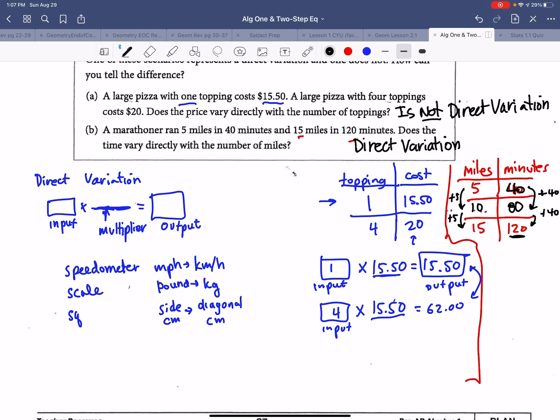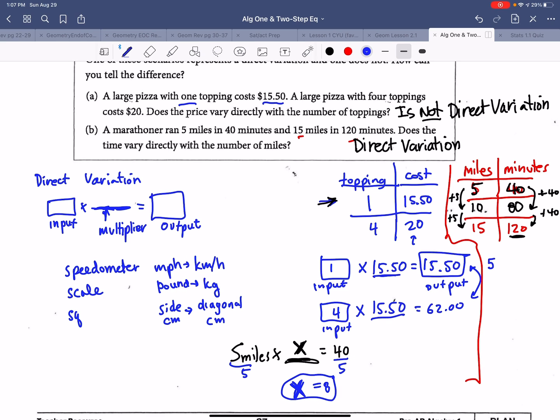Again, I didn't have the benefit of having 1, but I could get it. I could say to myself, 5 miles as an input times what multiplier would give me 40? If I'm trying to solve this, I'll call it x. Notice I can divide by 5 on both sides, and x, or my multiplier, would be 8, right? So let's see if this works.